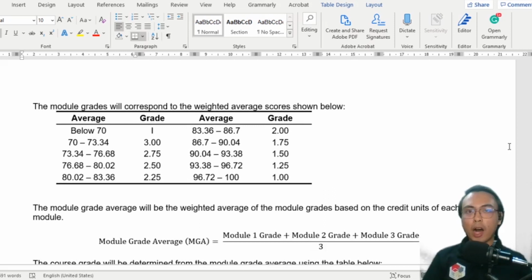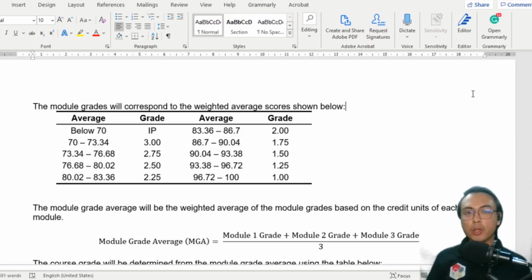Next, how will we be converting your average module grade to a numerical grade? So this is our conversion table. This table summarizes how we will be converting your module average to a numerical grade for the module. Okay? So if you are aiming for a specific numerical grade, you better look at this table to know what average you need to achieve a certain module grade.